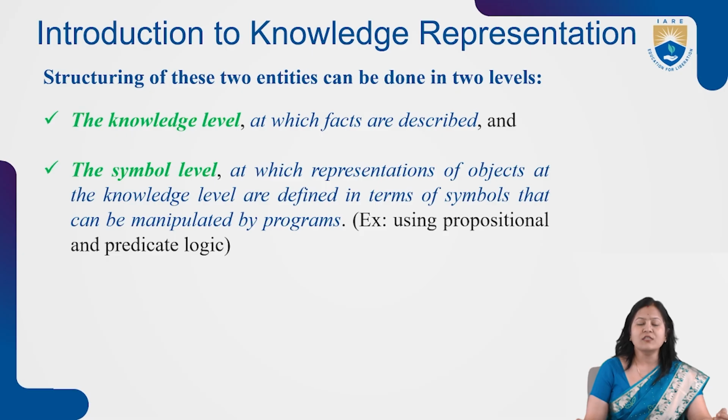Now, structuring of these two entities, the facts and the representation of facts, can be done at two levels. One is the knowledge level, and the other is the symbol level. Knowledge level means all the facts are described in the form of declarative sentences or normal English sentences. But at the symbolic level, we have to represent all the facts, knowledge, or procedures using some symbols.